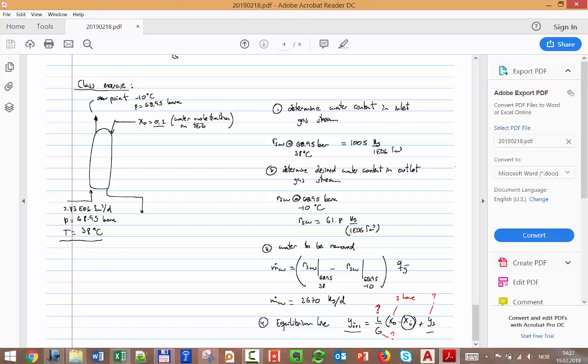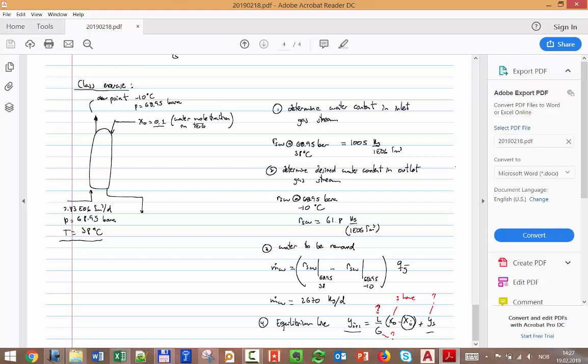Then we find the desired. The desired says that this gas coming out should be at the dew point when I reduce the temperature all the way to -10. That means it should be dry gas, all the way to -5, -6, but when I reach -10, I should have condensation.